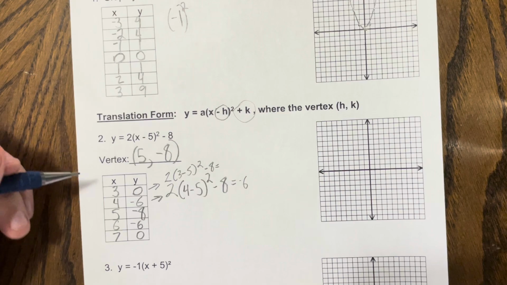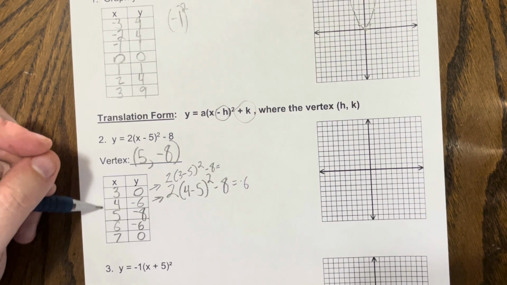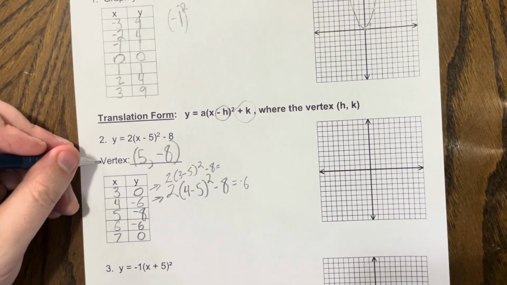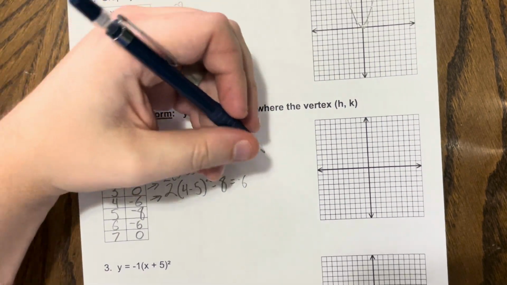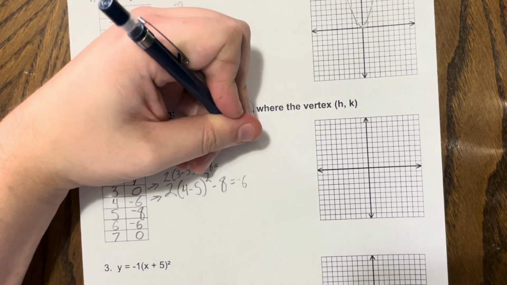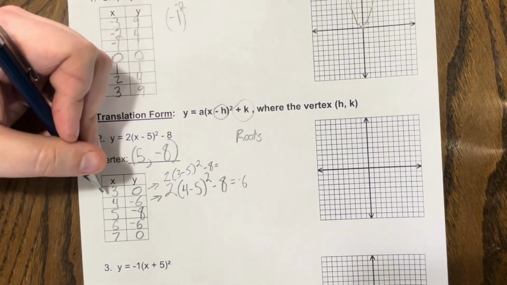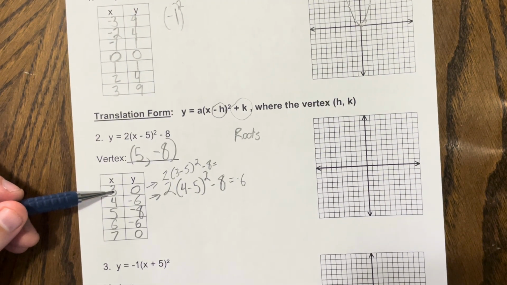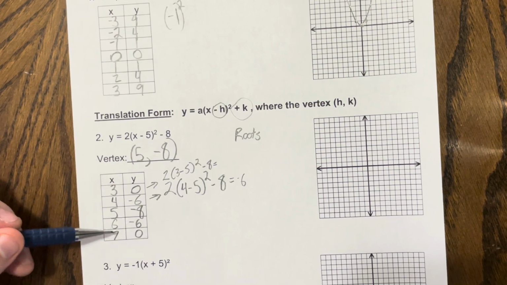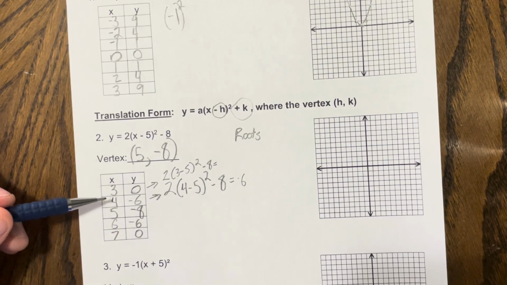So let's look at a couple of the important things we have for this graph. The first is the vertex, which we've got. The next will be our roots. On this one, we want where it crosses the x-axis, so our zeros here.